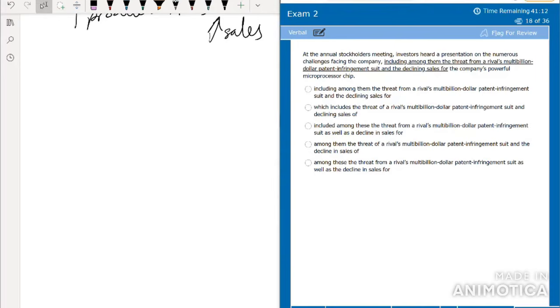Among them, these. So among them sounds better than among these, and also just the threat of versus the threat from. So what would you say? You'd say there's a threat of a lawsuit, not a threat from a lawsuit. So I'm going to go with D.